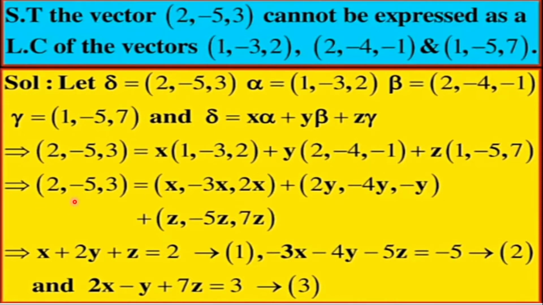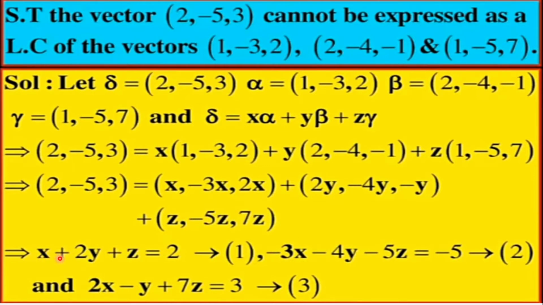That gives (2, -5, 3) equals (x, -3x, 2x) plus (2y, -4y, -y) plus, on multiplying z with that vector, (z, -5z, 7z).